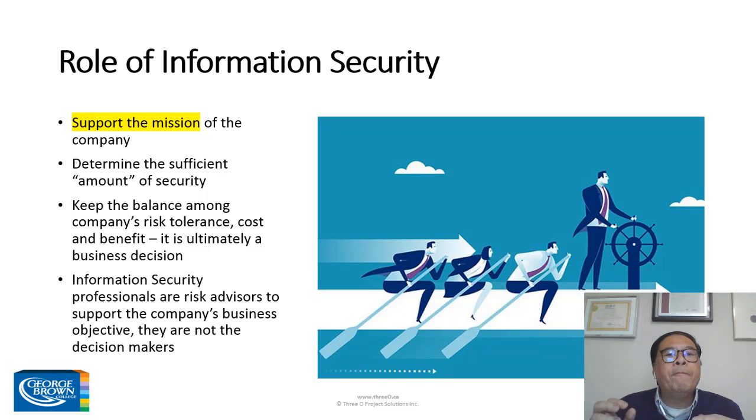If the business does not really need those gadgets or features or functionalities, then we do not have to implement them. So that's where we find where to stop, what is considered sufficient.